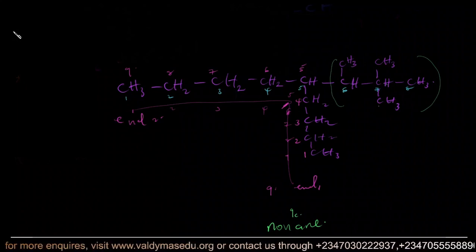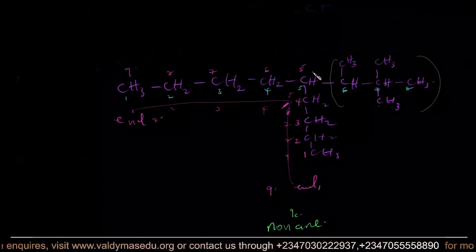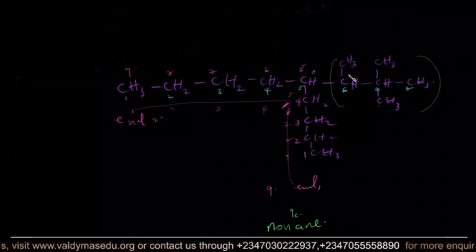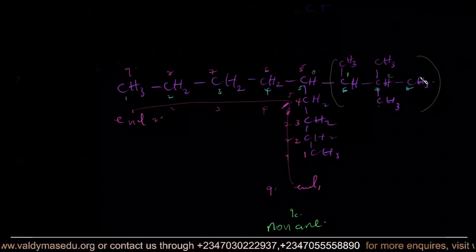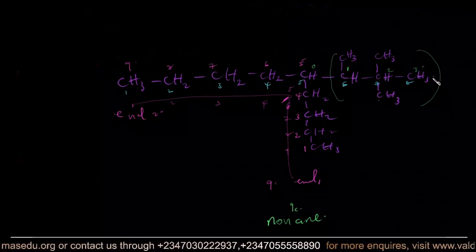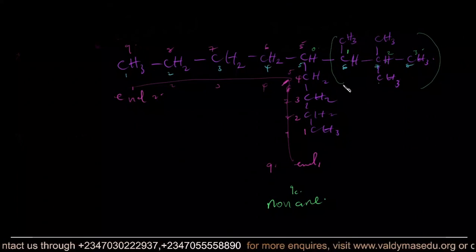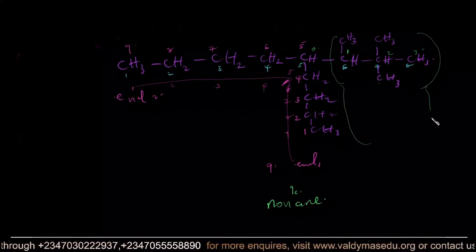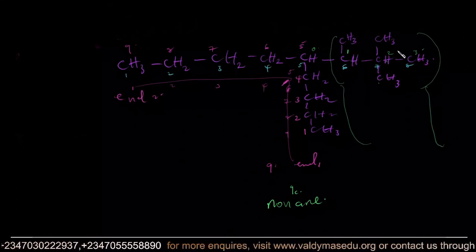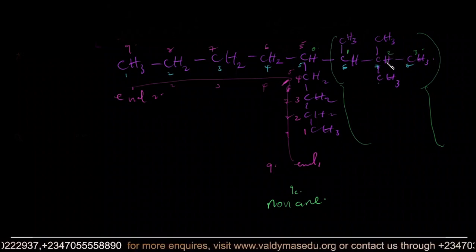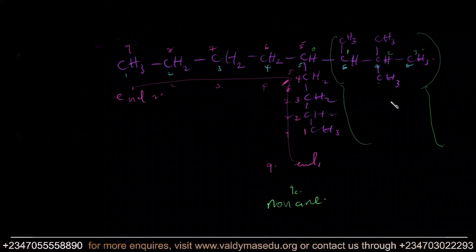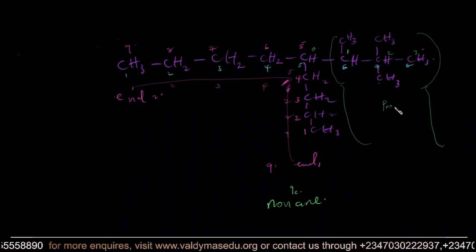So you are going to take this as carbon 0. You're going to start from here, 1, 2, 3. So here we have 1, 2, 3. On carbon 2 we have 2-methyl. We call it propyl.